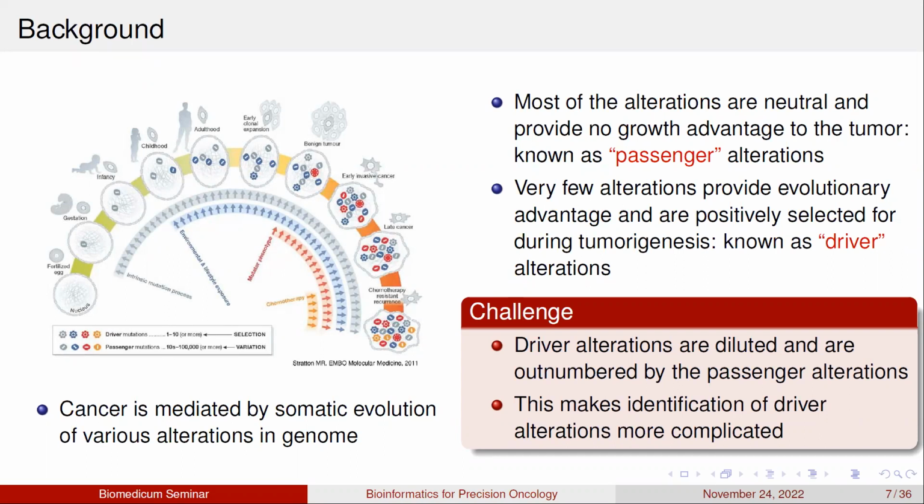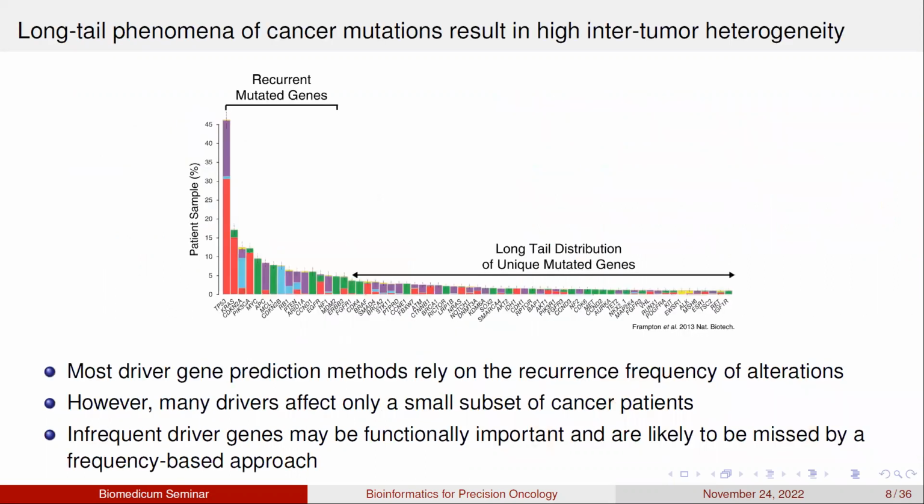But the main challenge is that these driver alterations are diluted and outnumbered by the vast amount of passenger alterations, making their identification very complicated. Whenever we sequence these cancer genomes, we get lots of different mutations.